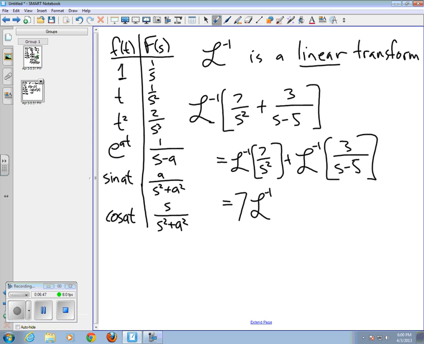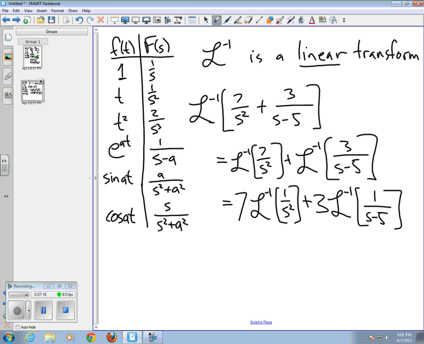And in fact, we'll find later that the transform really is, in a sense, an integral. So we're doing the same thing we did back in an integral calculus class when we pulled constants out of integrals. So I can pull the 7 out. I've got the inverse Laplace transform of 1 over s squared. On the other part, I can do the same thing. I can pull the 3 out, and I've got the inverse Laplace transform of 1 over s minus 5.